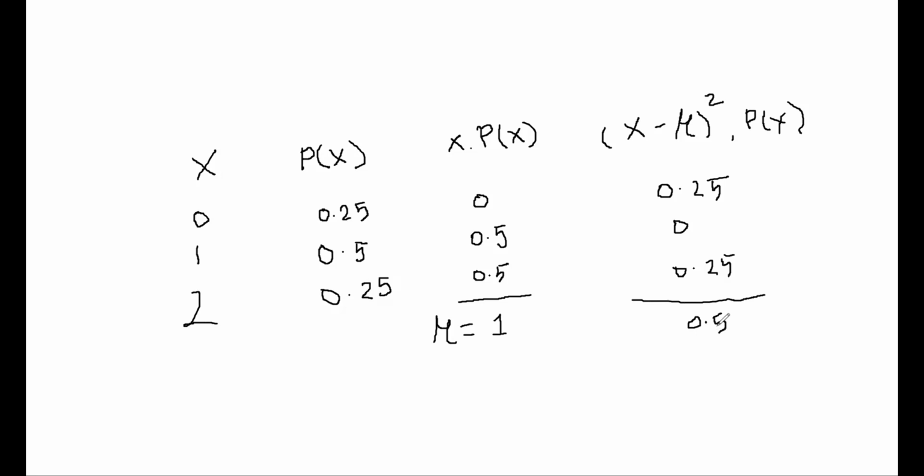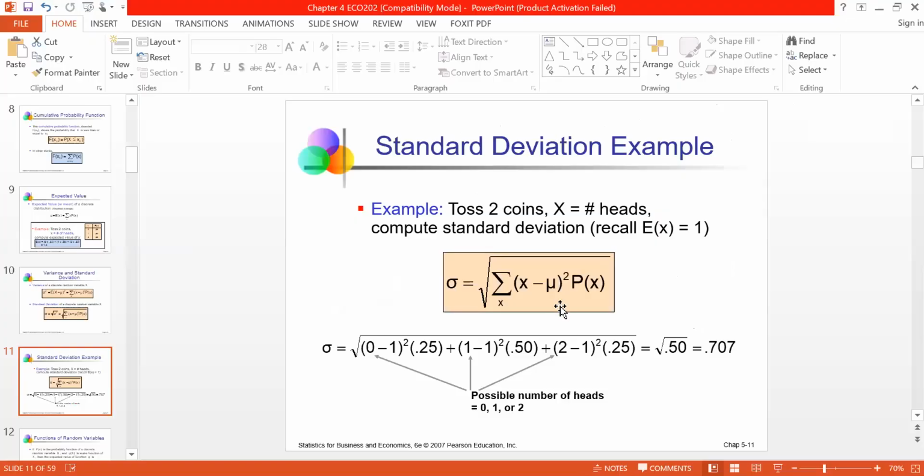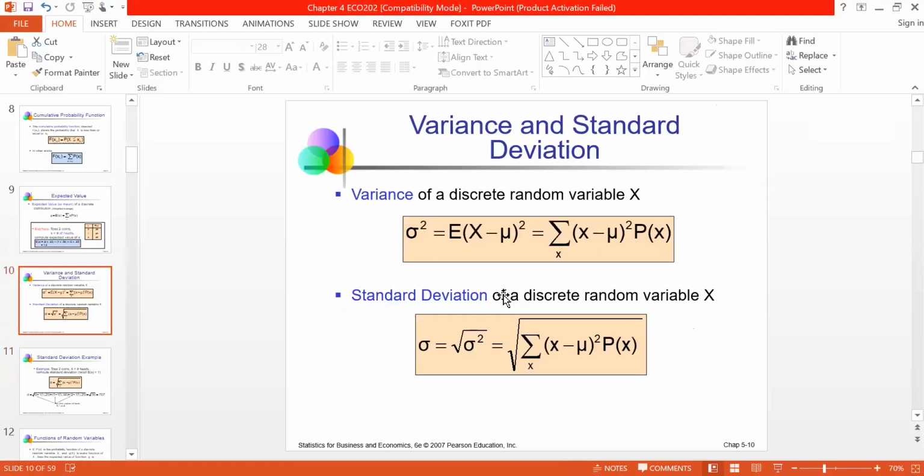All right. Why are we adding this column? If you go back to our slide, you see that we have a summation sign in the beginning of the formula. That means we have to add the column.